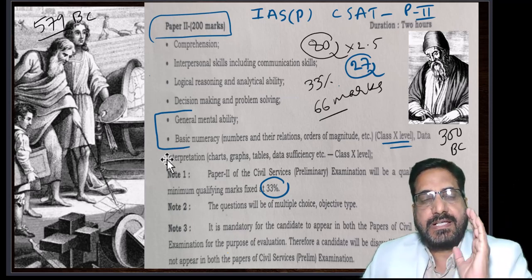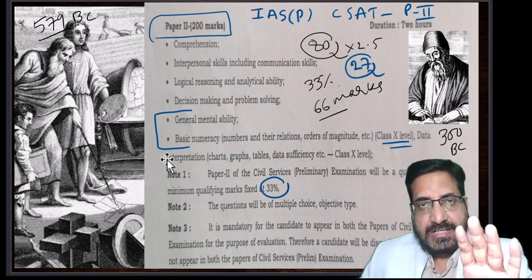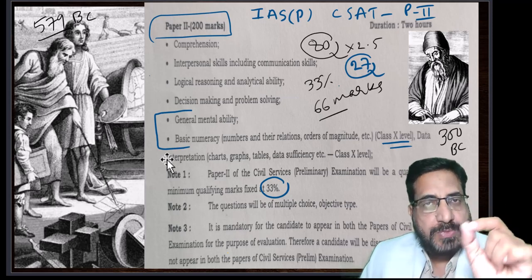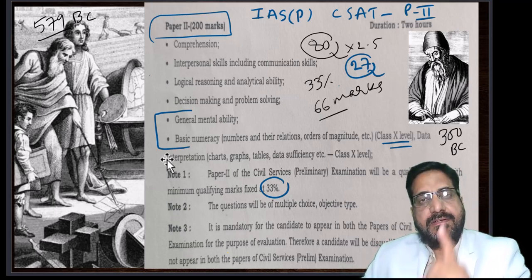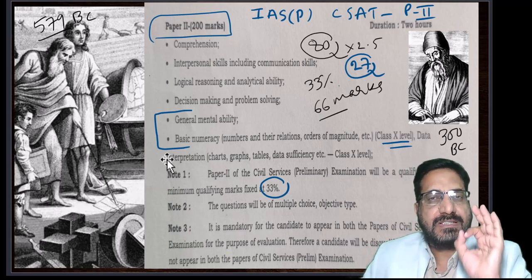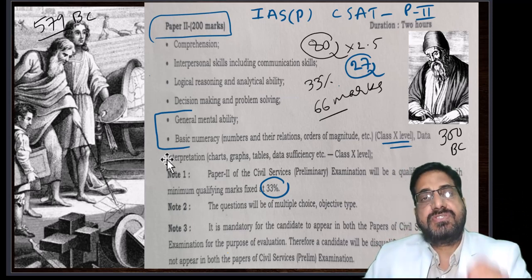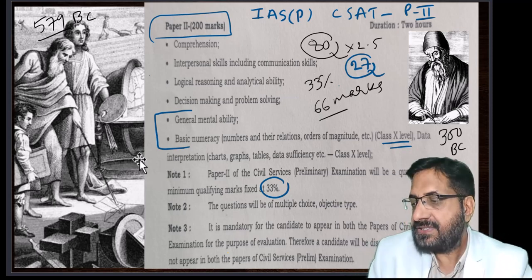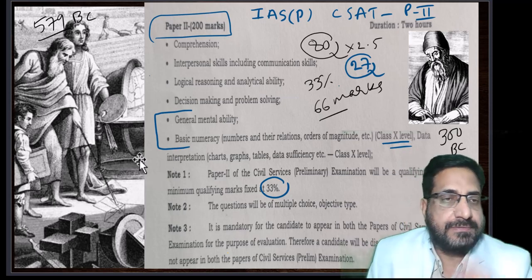So you have to be very, very careful. Each question carries 2.5 marks, and this is a qualifying paper. You have to get minimum 33% marks. That is 66 marks out of 200. For that, you need to get only 27 questions right.